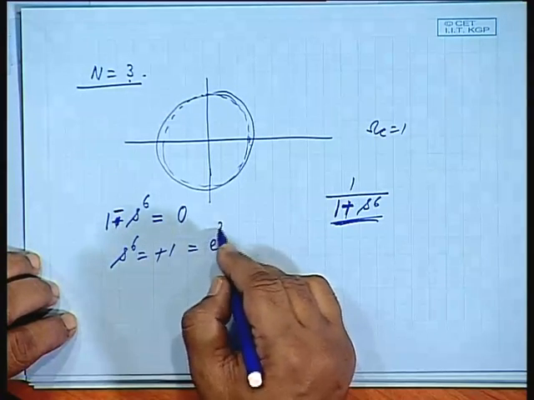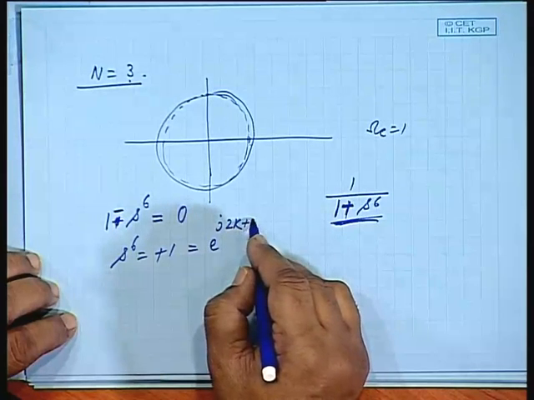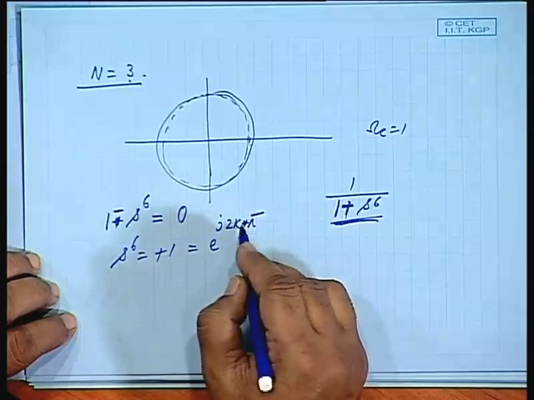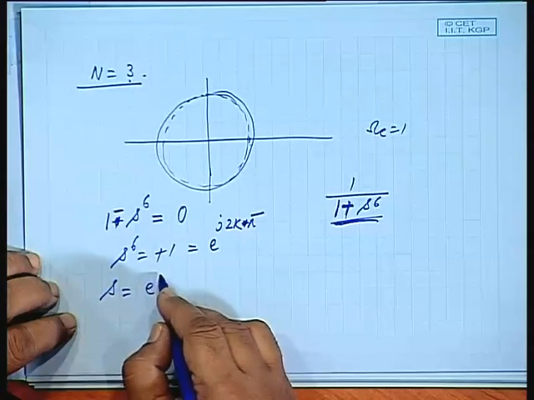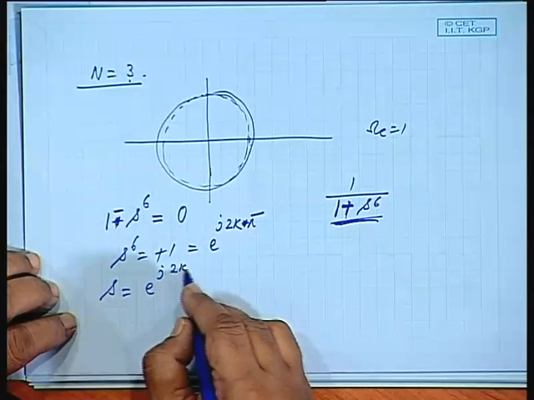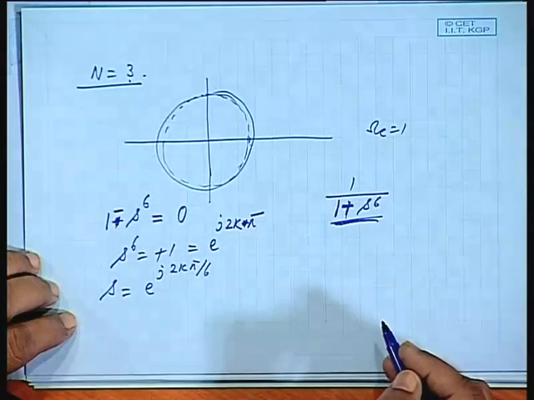So, s will be e to the power j 2k pi by 6 for different values of k.